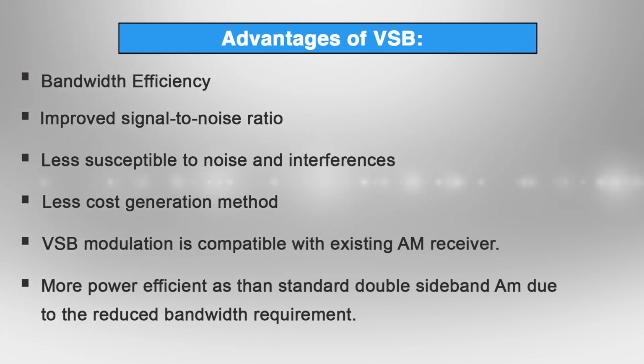VSB modulation is compatible with existing AM receivers, while VSB demodulation is more complex than the standard AM demodulation method. VSB modulation can be more power efficient than standard double sideband AM due to the reduced bandwidth requirement. These are the advantages of VSB modulation.